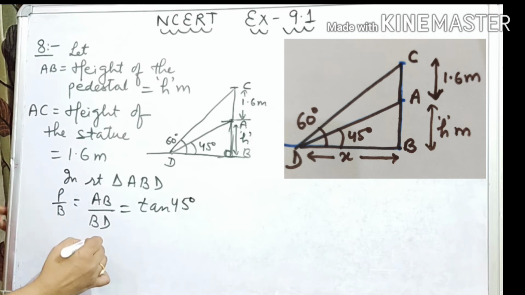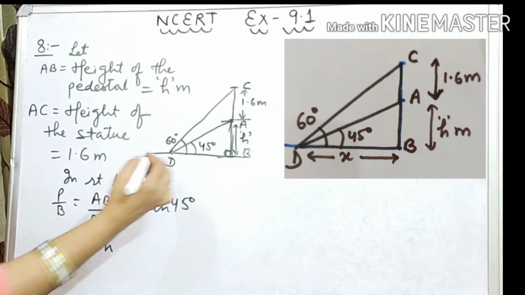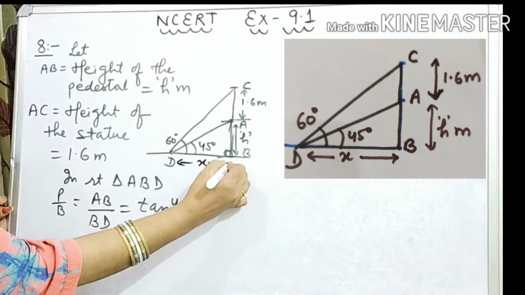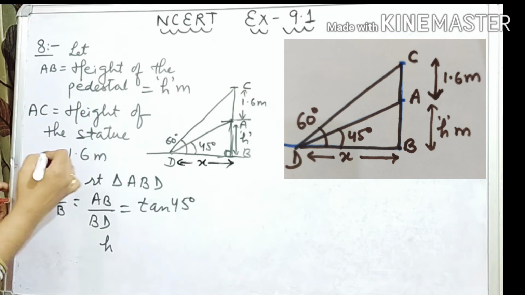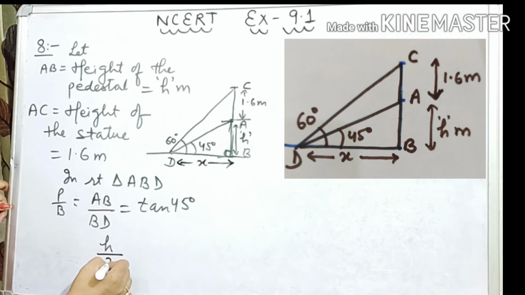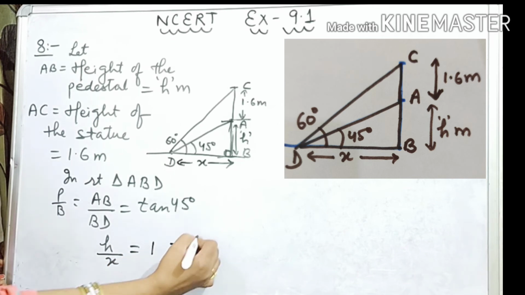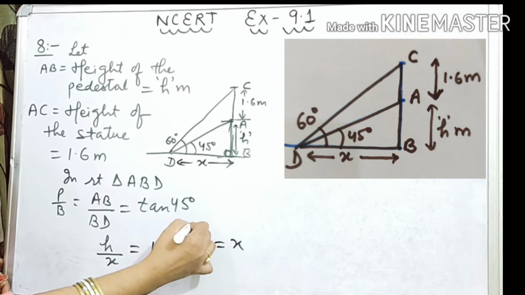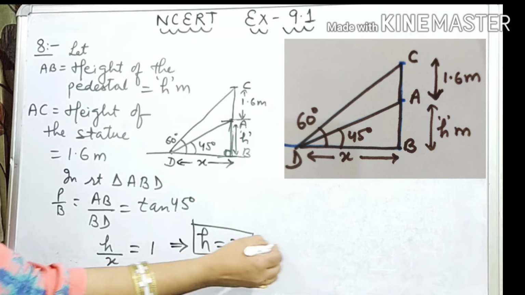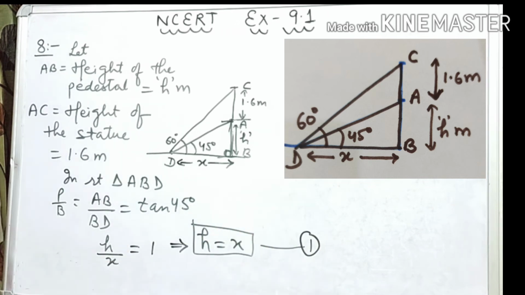We have supposed AB as h here, and BD we don't know, so we can suppose it as x. So h by x, as we know the value of tan 45 is 1, it will be 1. From here we get the equation h equal to x. So this is our first equation. Leave it up to here because we cannot do anything ahead.